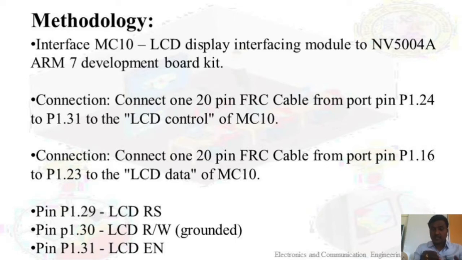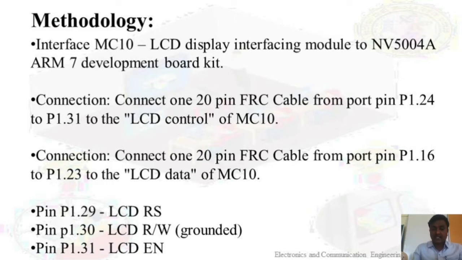So that's why pin numbers are shown in the ARM7 development board kit. The respective pins P1.24 to P1.31 should be connected to the LCD control of MC10 using the 20-pin FRC cable.